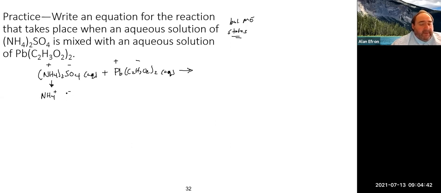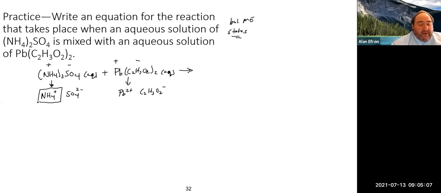The basic unit of sulfate is SO4 2 minus, regardless of the extra 2 that's there. The basic unit of this guy is a lead that has a +2 charge, and an acetate that has a -1 charge. Again, we're not going to worry about the extra 2 at this point. We want to just make sure that we put these together correctly.